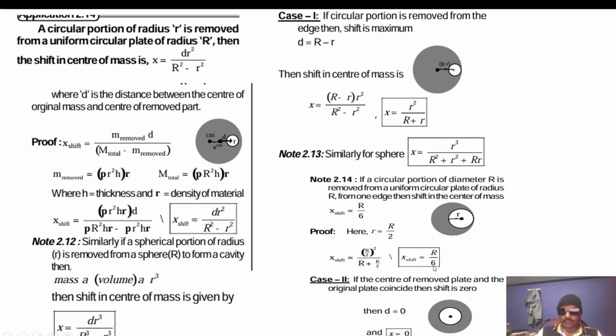This is the final formula, x shift equals r by 6. Right? So this is not an edge, but this is the edge. The diameter of this removed portion is the radius of the bigger circle. That is the difference here.